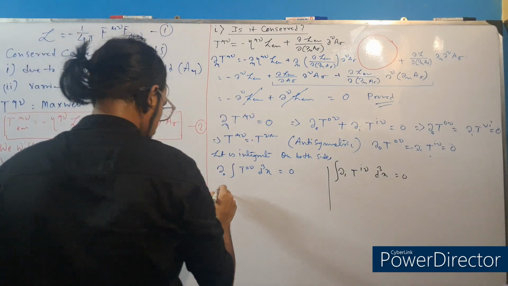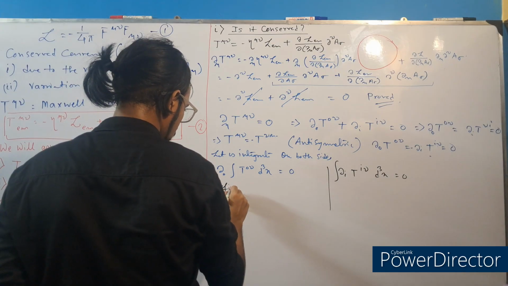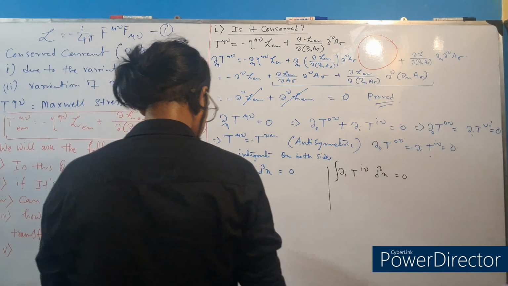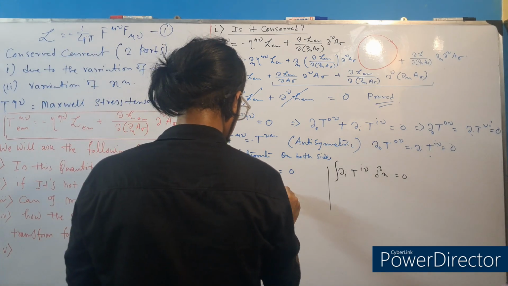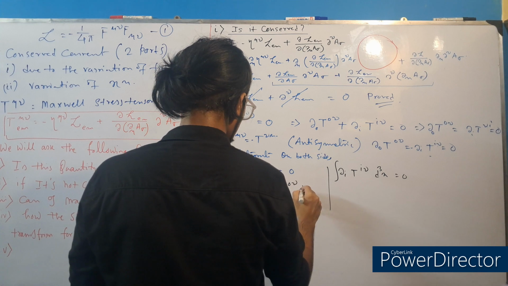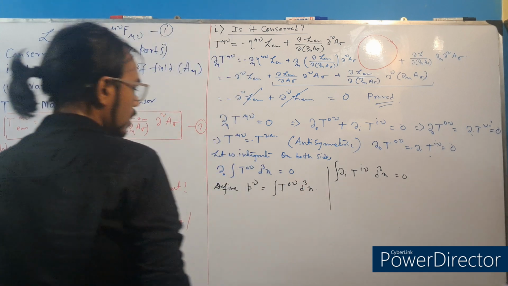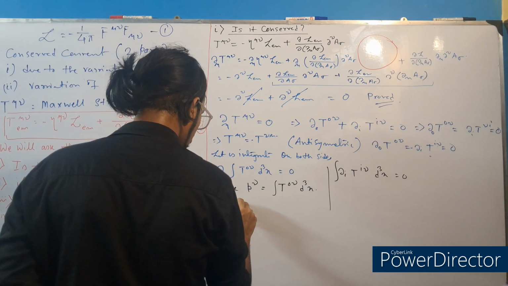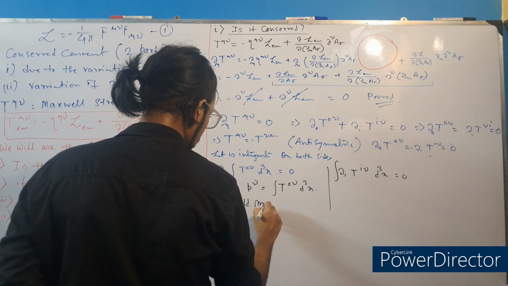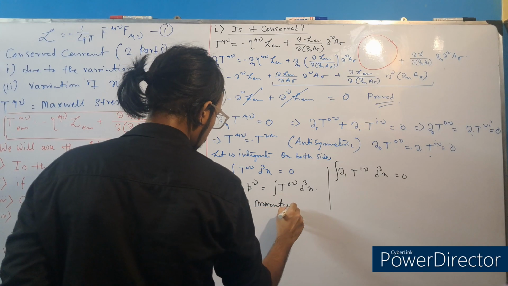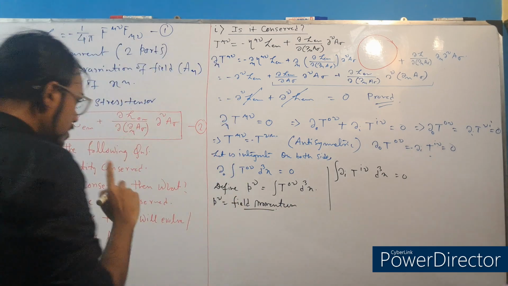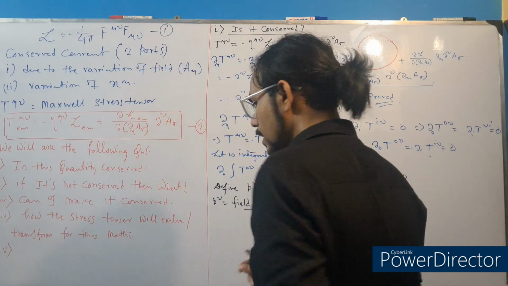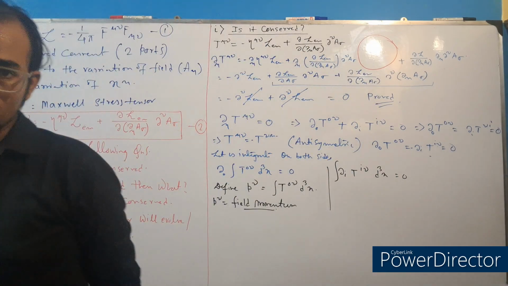Now let us define P^ν equal to the integral of T^{0ν} d³x. This P^ν is not ordinary momentum; it is basically field momentum. P^ν is the quantity that refers to the amount of momentum being carried away by the electromagnetic field.